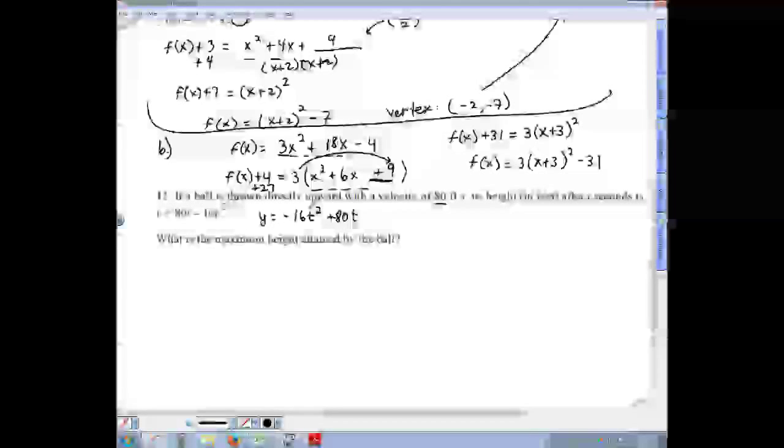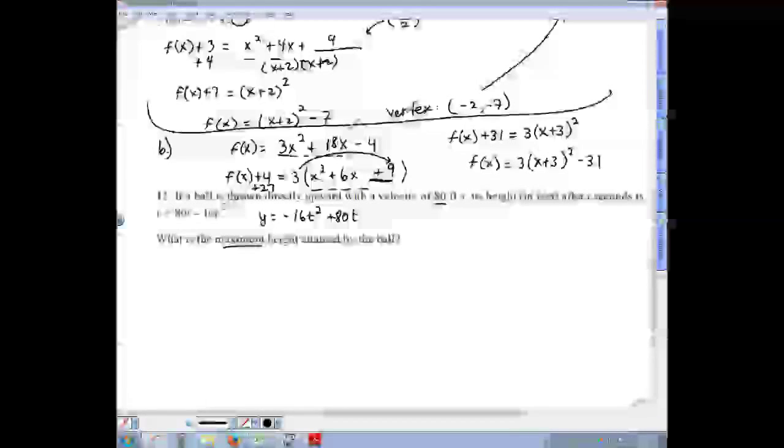This is the equation of a parabola, and since it's negative 16t squared, the parabola, if it were graphed, would be facing upside down, and so the vertex would be a maximum. So without really stating it, what this question is asking is to really find the vertex. It can be done the same way as the previous question.